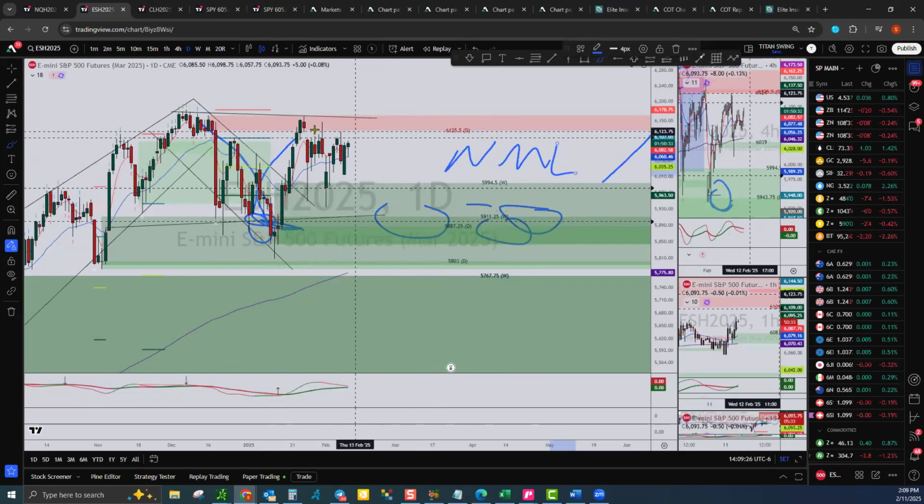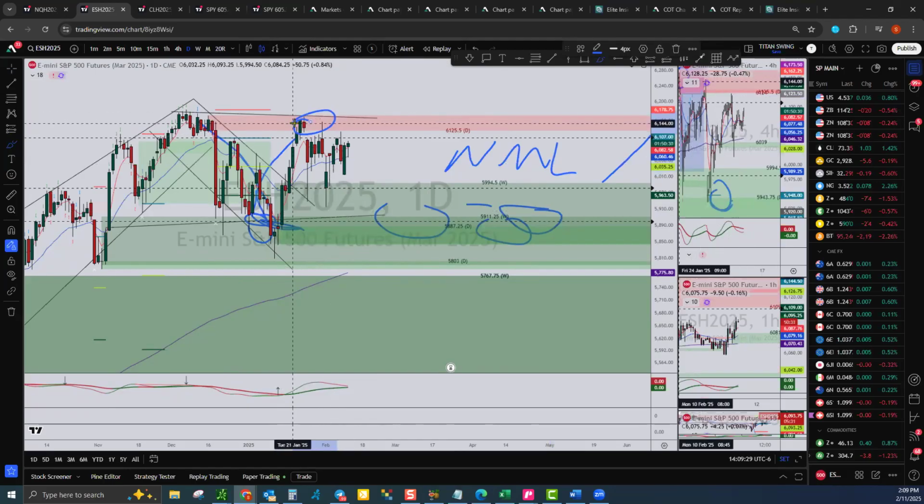When we get into this red zone, we've already talked about it, guys, what is our bias, or what is our thinking? While you think about that, what is your bias as you start tapping down into the green zones? Yeah, you're looking to be a seller and you're looking to be a buyer.